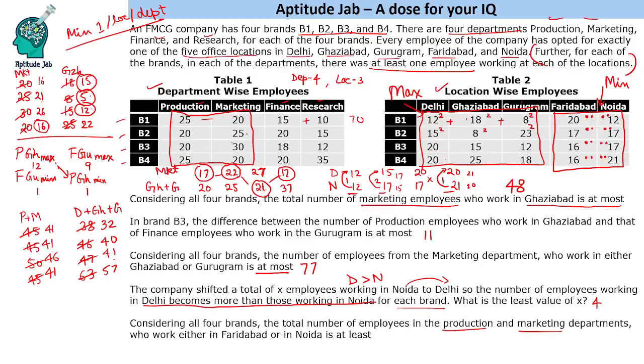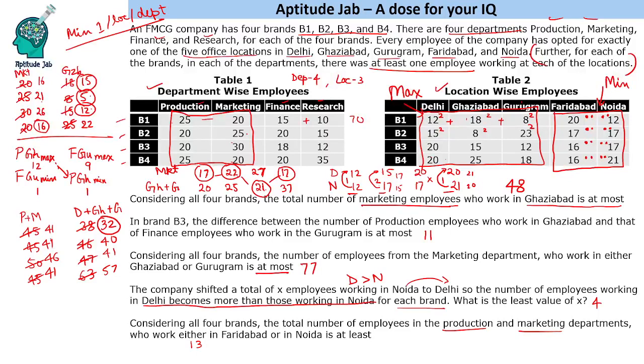Okay, now if you have to give maximum employees here, we can give a maximum of 32 employees in these three locations. Okay, so these three locations maximum 32 go, and we have 45 employees. So we can assign maximum 32 here. That means 13 will go to Faridabad or Noida, minimum 13.